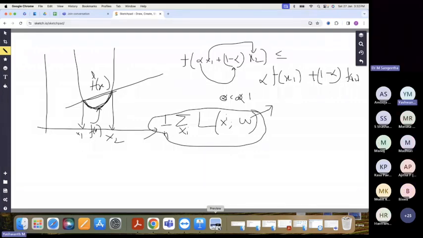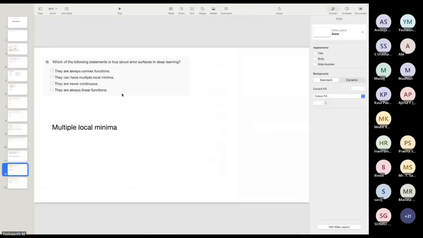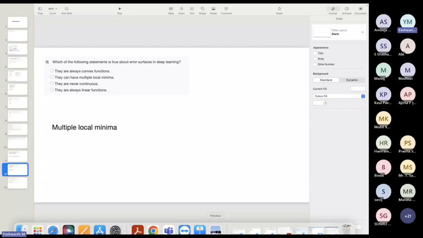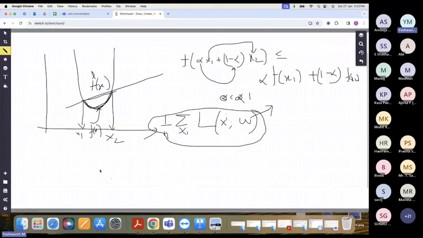Can we come again? No questions? Okay. So basically, what happens in deep learning is the loss functions are typically not like this.